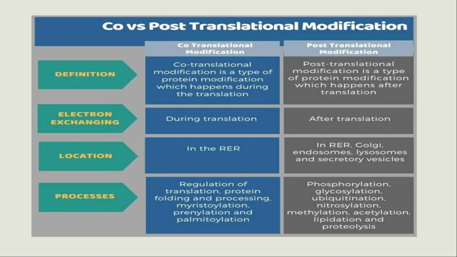The processes regulated by co-translational modifications are regulation of translation, protein folding, and processing, and some others. And the processes of post-translational modifications are phosphorylation, glycosylation, nitrosylation, and some others.